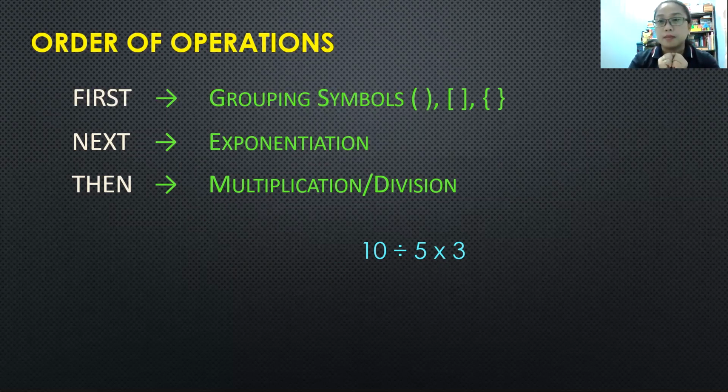They are of the same level. Okay? Pareho sila ng level of priority, di ba? So, magkasama sila. In this case, you need to perform the operation from left to right. So, alinman sa dalawa ang mauna sa kaliwa, papuntang kanan, yun ang i-execute niyo.